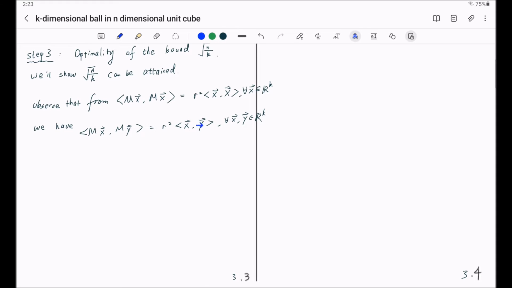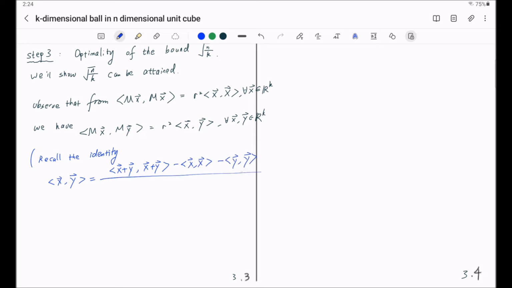In case you don't know how this follows from here, let me remind you of an identity of inner products. So once you know this identity is true for any single vector x, you can use it to show immediately that M preserves the inner product up to a scale of R squared.